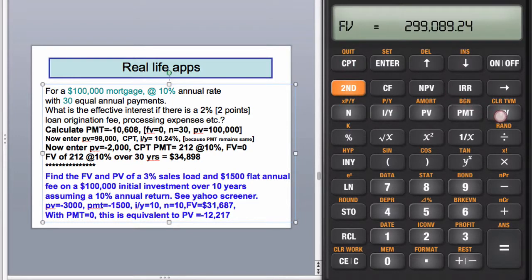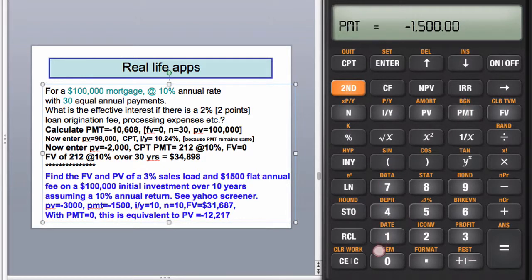compute future value. Oh, must have done something. Compute. There must be some residual value from somewhere. Let's start again here on this one. $3,000 is what you left on the table. $1,500 is your annual expense.